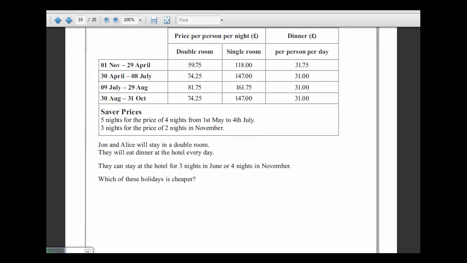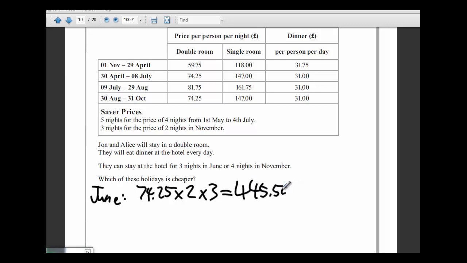Question 8 is a functional maths question. So we want to know if it's cheaper to stay 3 nights in June or 4 nights in November. So in June, the cost of staying in the hotel room, well, that's £74.25 per person. There's 2 people and they're staying for 3 nights, which is £445.50.